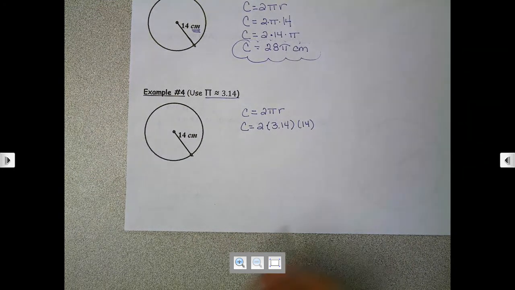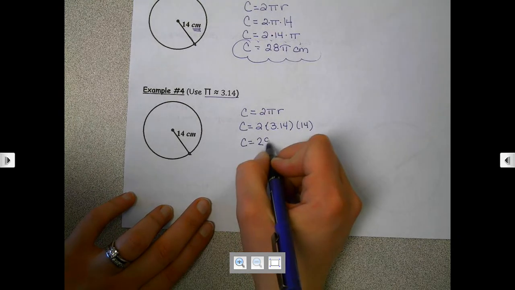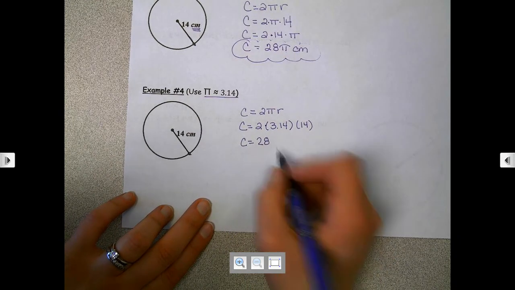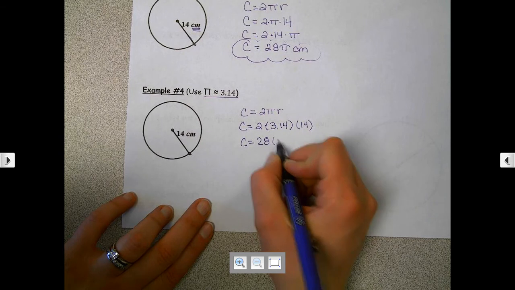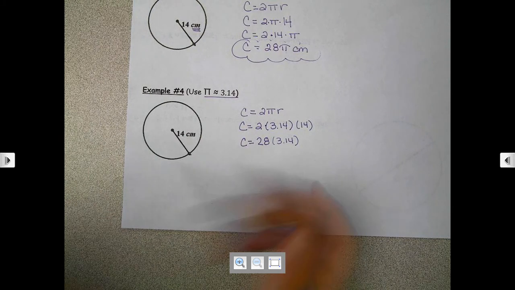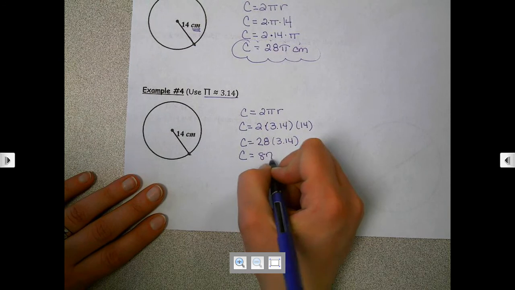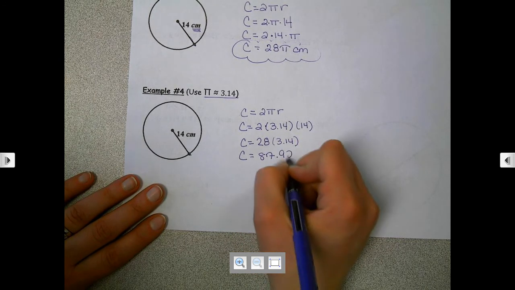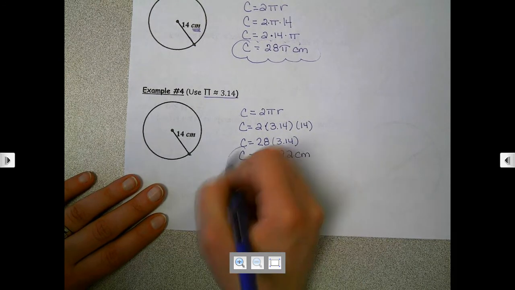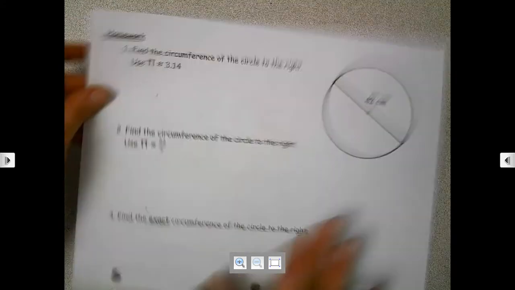All right, well, I do know that 2 times 14 is 28, and I can switch these around because of the commutative property. 28 times 3.14. Quickly go ahead and grab my calculator. 28 times 3.14. Our circumference is going to be approximately 87.92 centimeters.